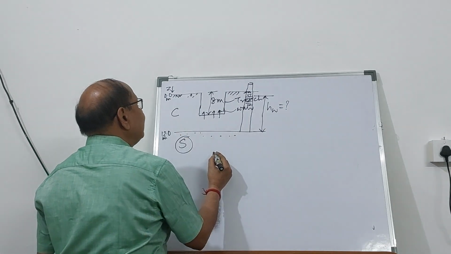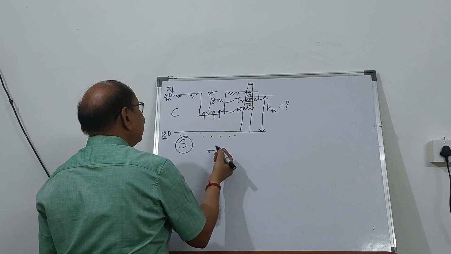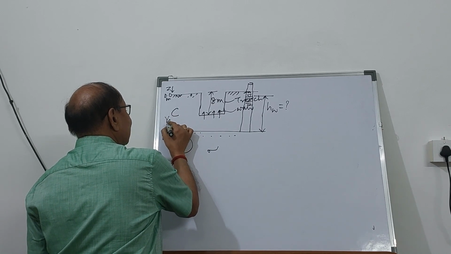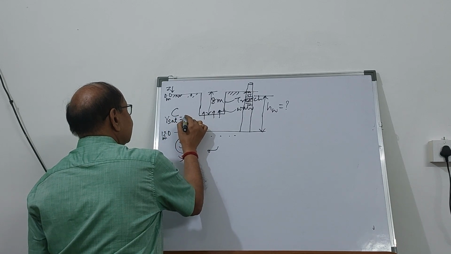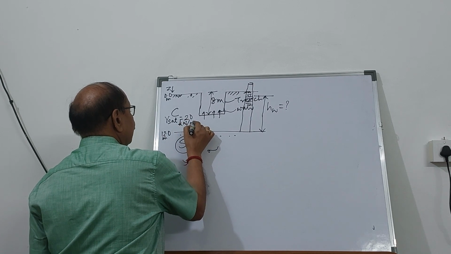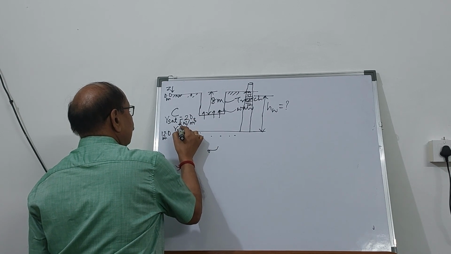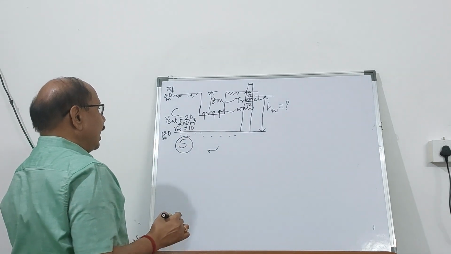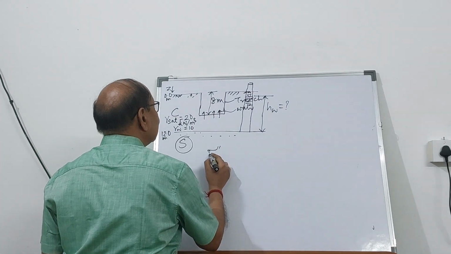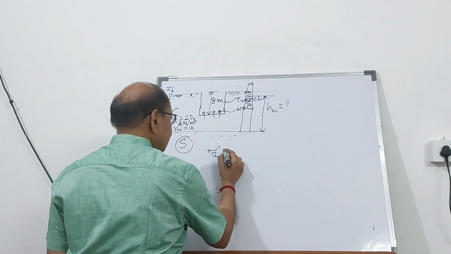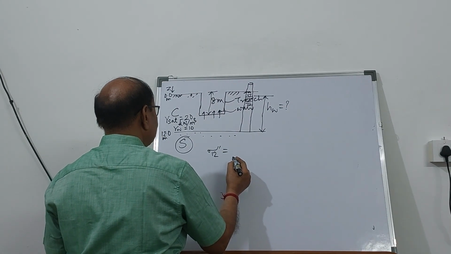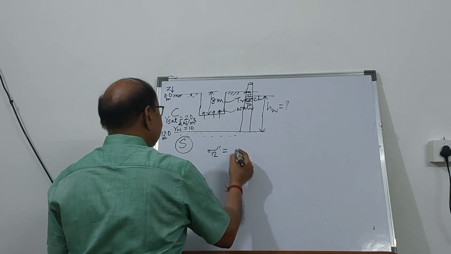Now, at 12-meter, the total pressure you can find out. Say for clay, the gamma saturated is 20 kilonewton per cubic meter, and unit weight of water is 10 kilonewton per cubic meter. Then the effective pressure at 12-meter due to clay, the total pressure can be calculated.